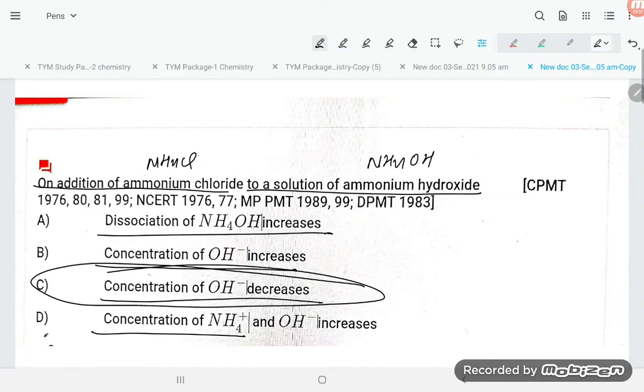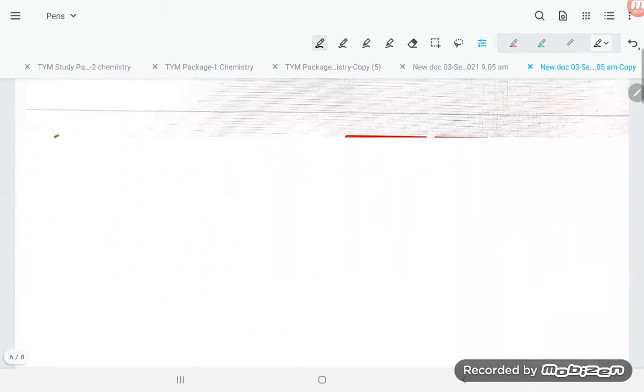Why? Because NH4Cl is a strong electrolyte, and when you add it there is a common ion, so dissociation decreases because of the common ion effect.